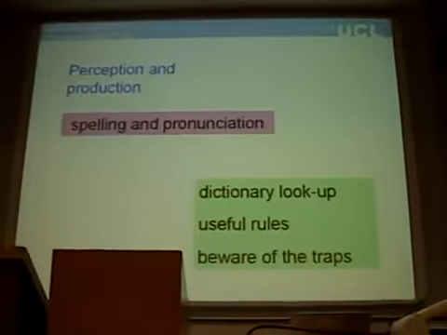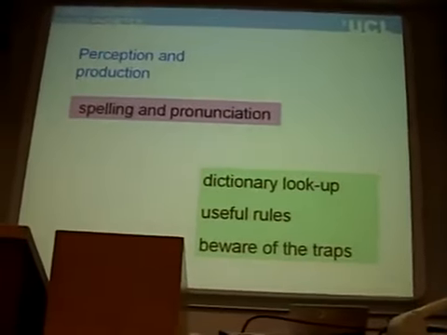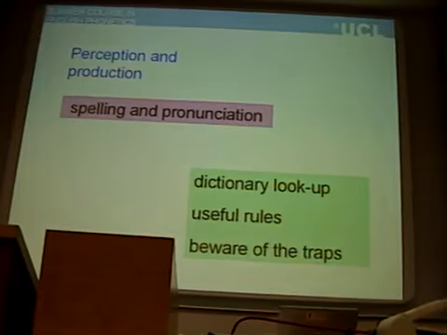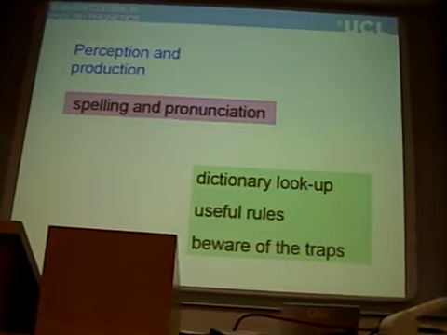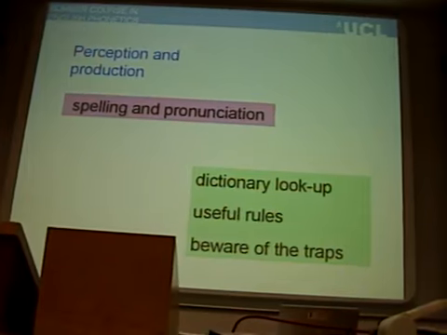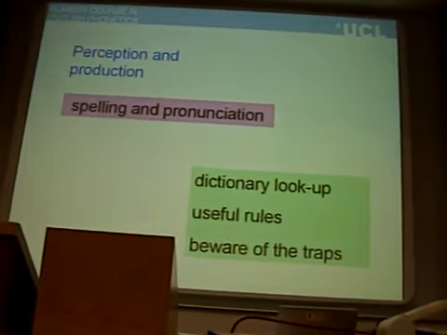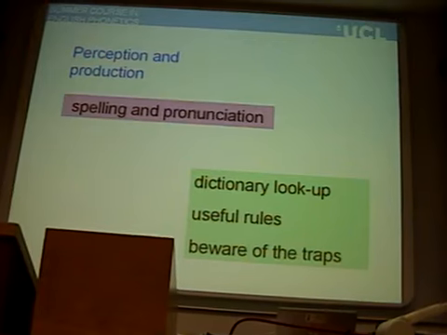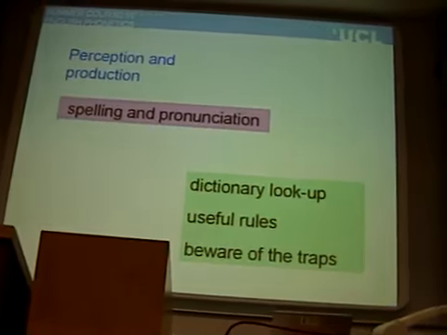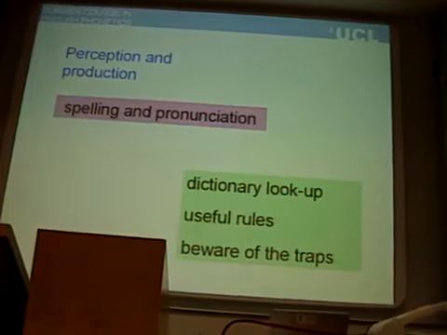Okay, perception and production of sound. There's also the general problem of spelling and pronunciation. Learners who are learning Finnish or Swedish or even Spanish really don't have much of a problem working out from the spelling what the pronunciation will be.